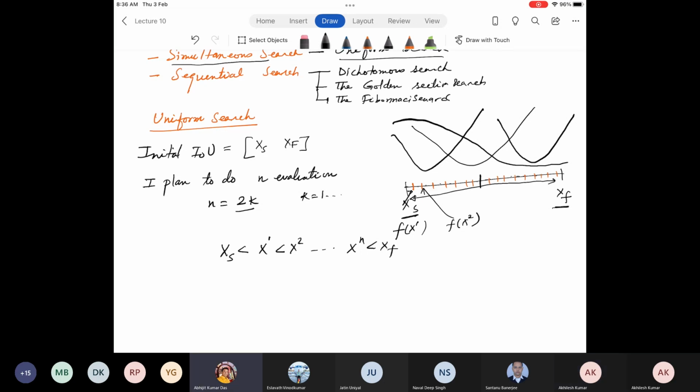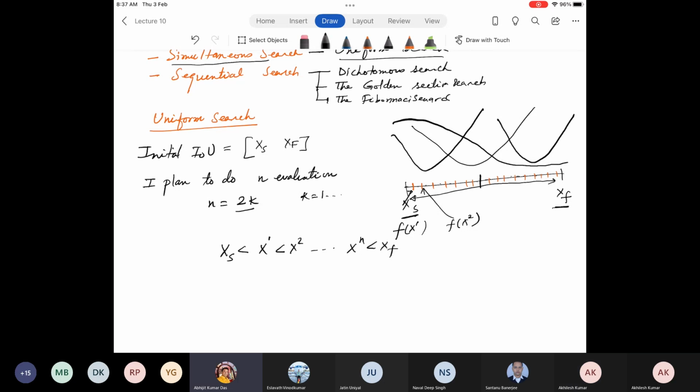Then we have not rightly chosen xs and xf. Then what will happen? Generally xs and xf are given in the form of the domain on which your function is defined. When a function is defined, generally we give x lies between this and this. Does that make sense?